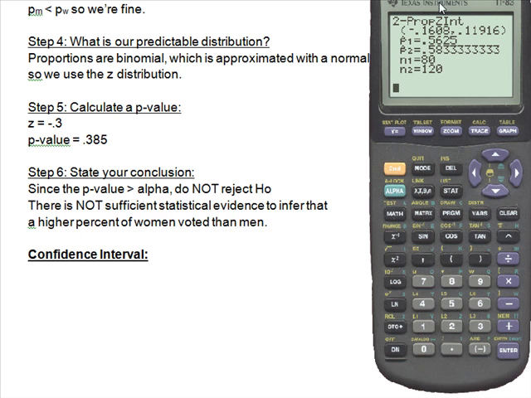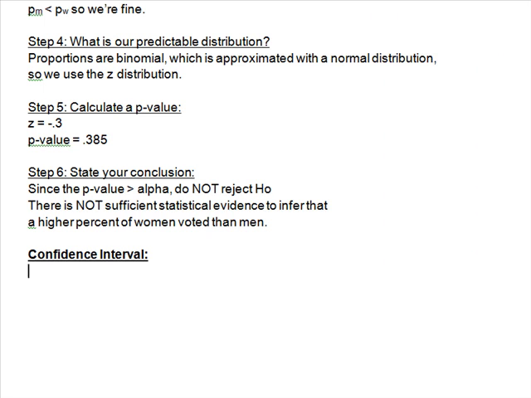All right. So let's see. So that's basically a negative 0.16 to a positive 0.12, or a negative 16% to a positive 12%. So we'll write that in. Okay. So our interval is from a negative 0.16, I think that's what it was.